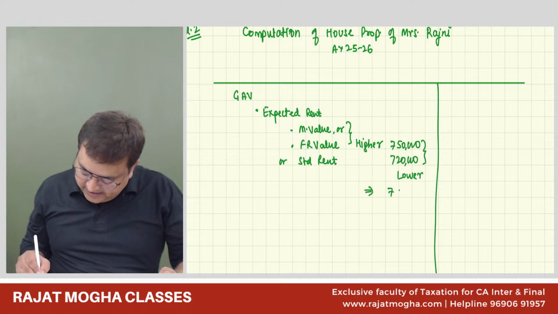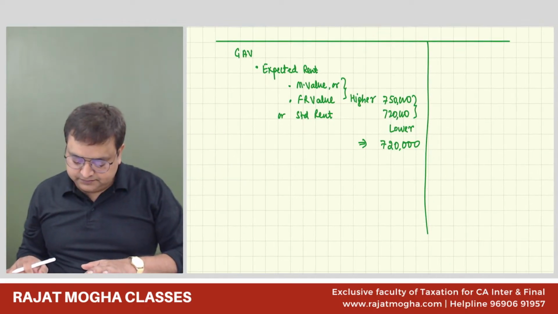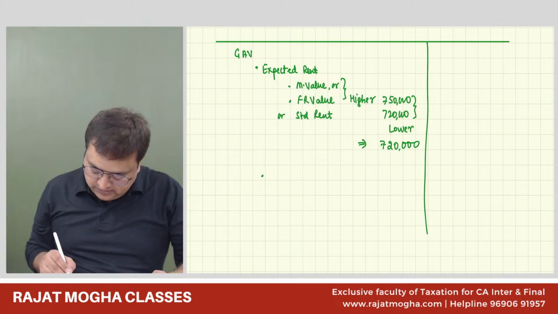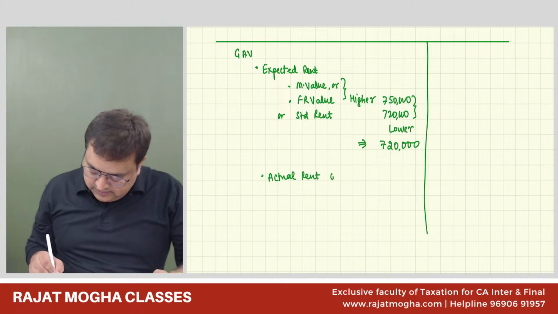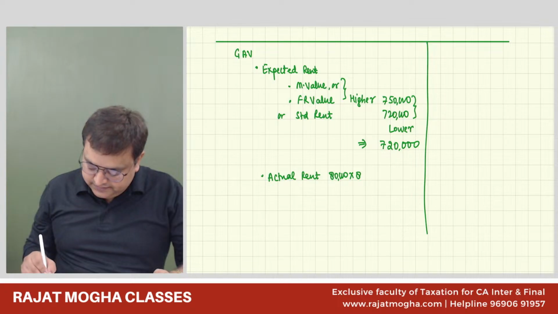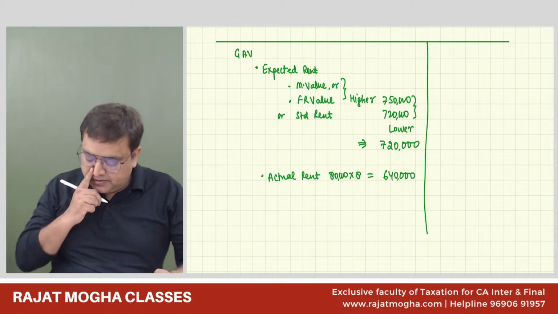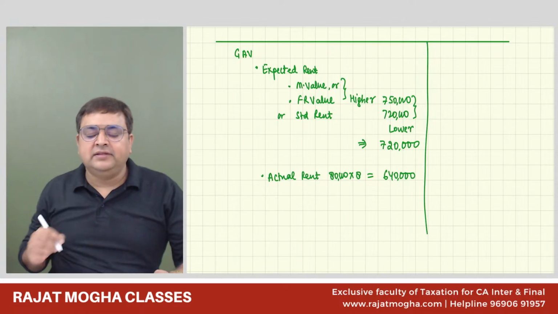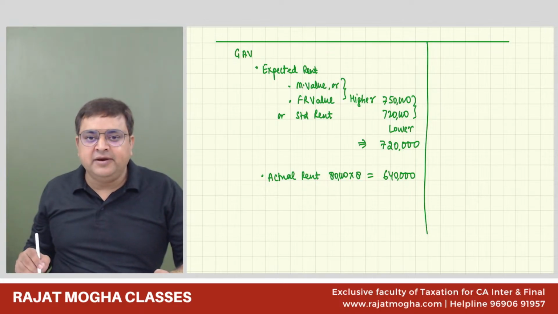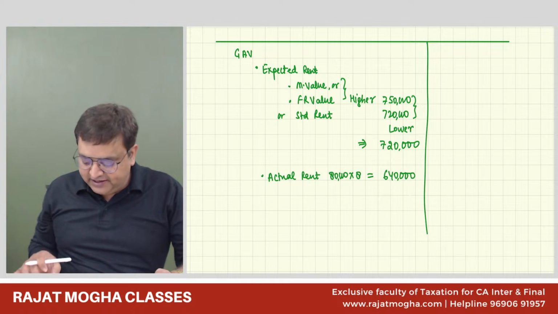So 7,20,000 is the expected rent. Actual rent is 80,000 into 8, 6,40,000. And we will not deduct that 2 months unrealized rent because it is not fulfilling the condition.